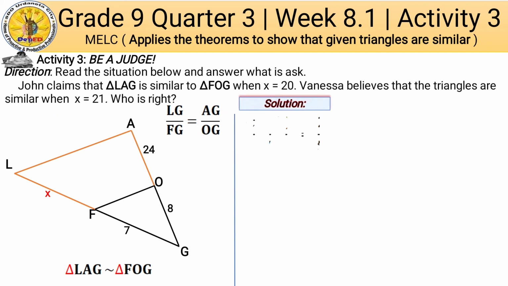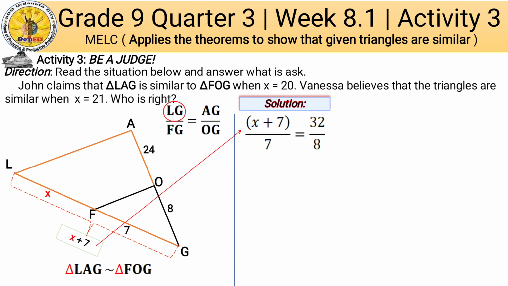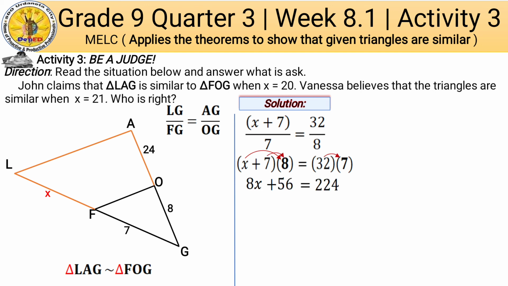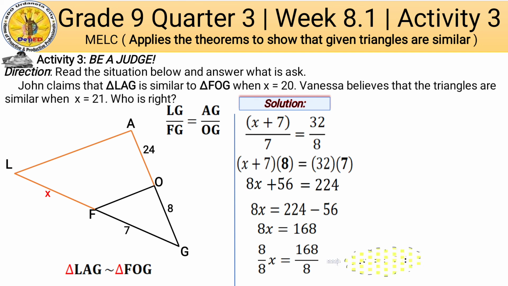By substitution, LG equals x plus 7, FG equals 7, AG equals 32, OG equals 8, then cross multiply, finding the product, combine similar terms by moving 56 to the other side, changing the sign, then subtract 224 by 56, divide both sides by 8, then we have x equals 21.